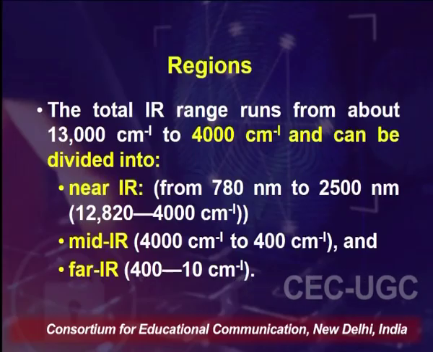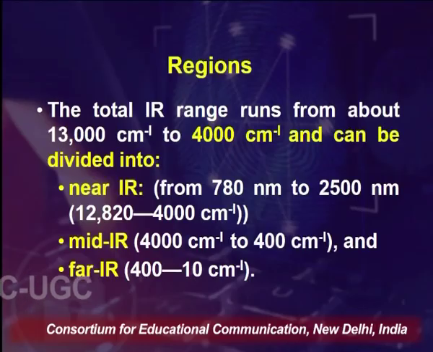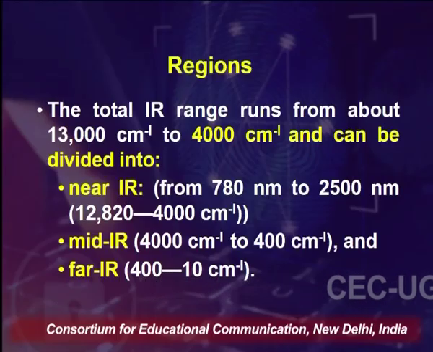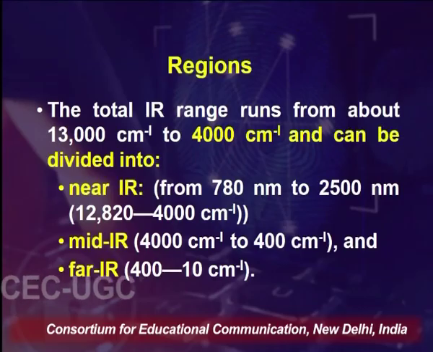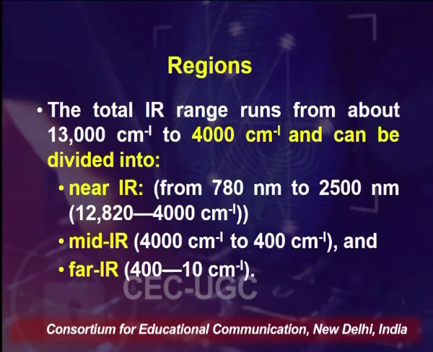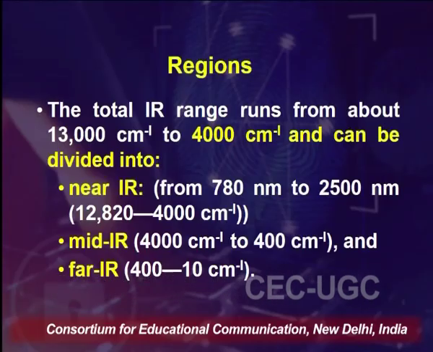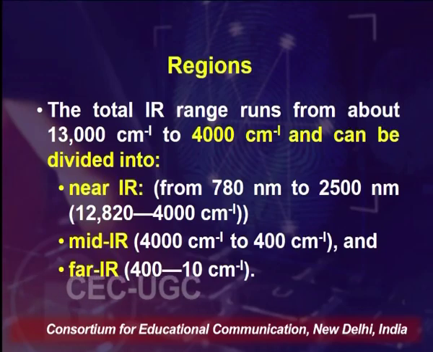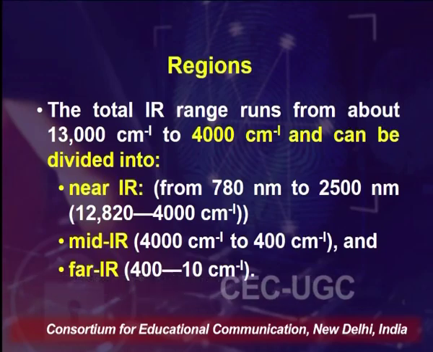Whenever we are defining the regions of IR spectroscopy, we define them as the near IR region, mid IR region and far IR region. For the near IR region, we have around 780 nanometers to 2500 nanometers, which in terms of wave number is 12820 to 4000 centimeter inverse.